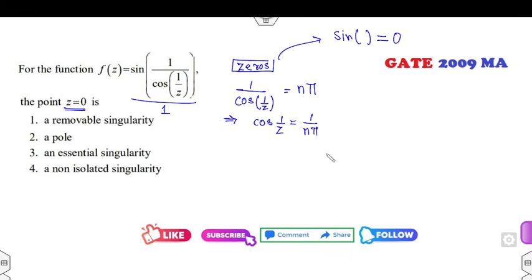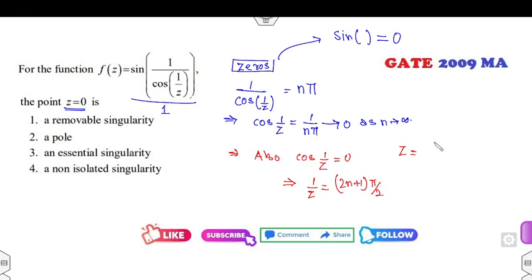Once it will be this number, as n approaches infinity, this number will be 0. Also you can see cos 1 over z will be 0. What is the value of z? 1 over z will be my cos 0, which is (2n + 1) pi over 2. So that means z will be my 2 over (2n + 1) pi.